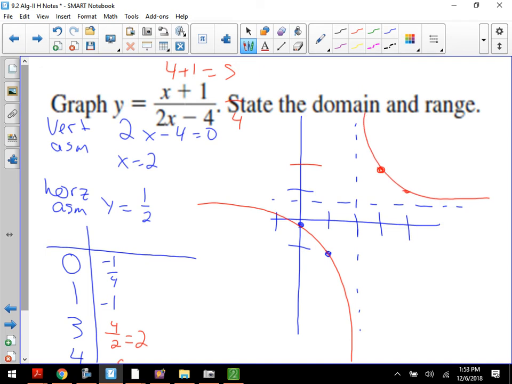Let's move that up a bit. There you go. Now it's better. If you use 4, the numerator becomes 5, and the denominator would be 8 minus 4, so you get 4. I accidentally used the 5 from the numerator and substituted it back, and I forgot that 5 does not equal 4.